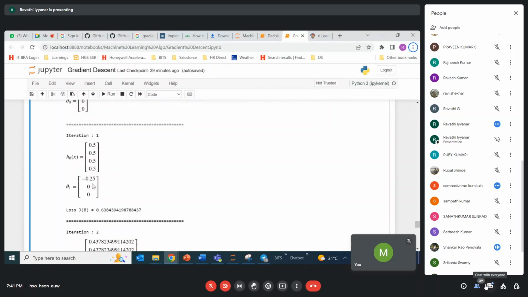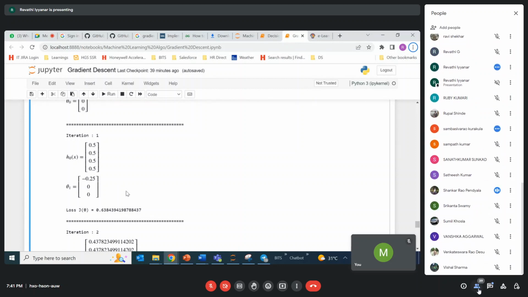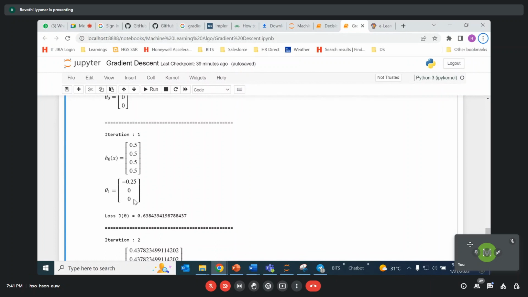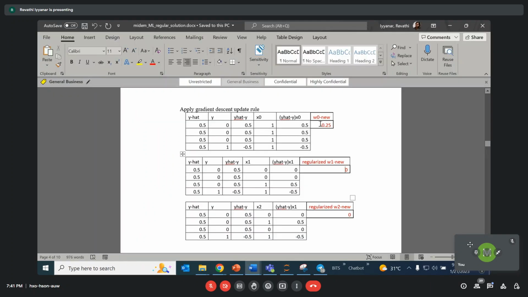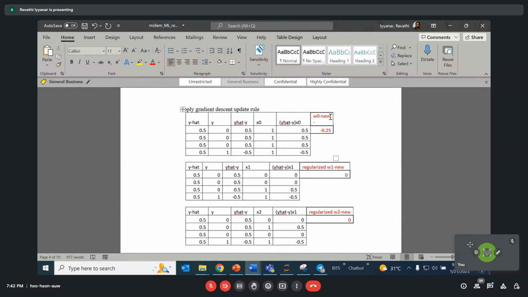Right, Samshara? This is the first iteration. This is the vector he printed, with theta naught, theta 1, theta 2 values printed there. Theta naught is right in the Excel; it represented minus as theta naught. Yes, this is the vector printed there. The next iteration the question didn't ask for, so it's only one.